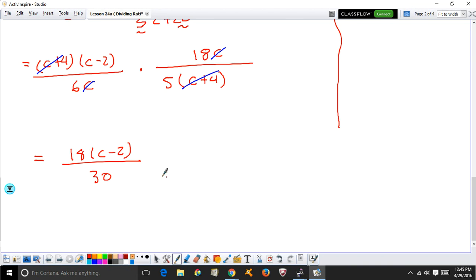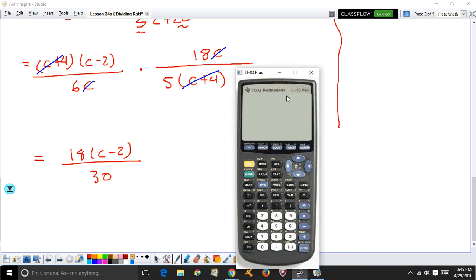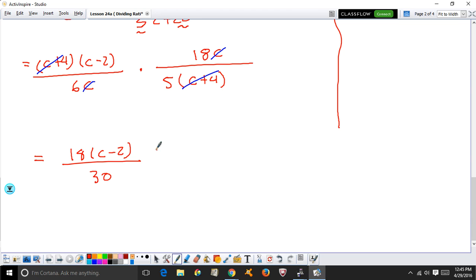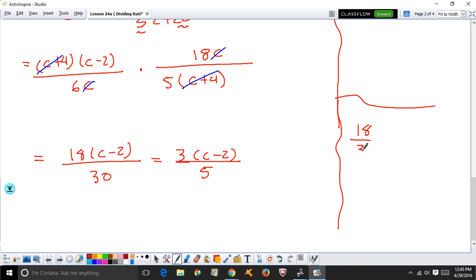18 and 30. Let's use our calculator just to save some time. So 18 divided by 30, math fraction. You can simplify that as 3/5. So this is equal to 3 times c minus 2 over 5, because 18 over 30 is the same as 3/5.